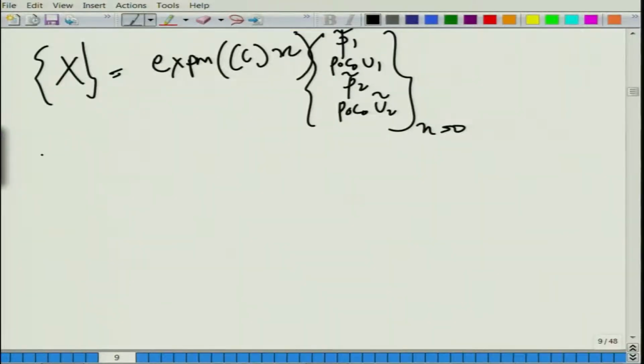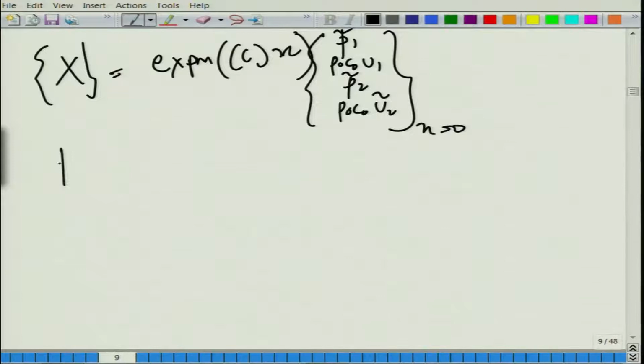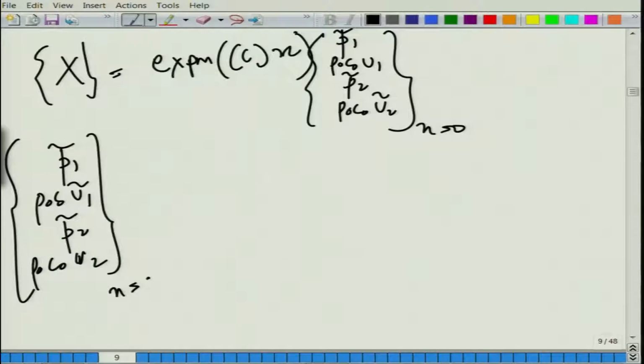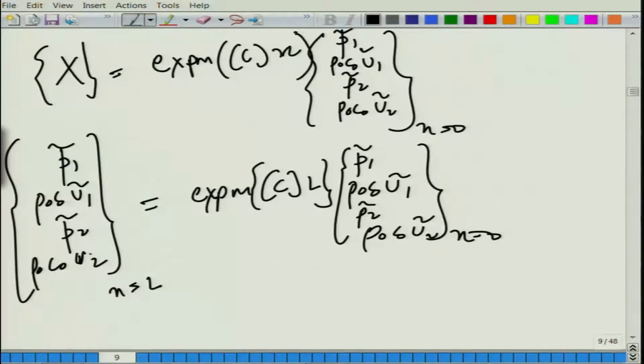If you go back to our figure, this was x equal to L, and this was at x equal to 0.